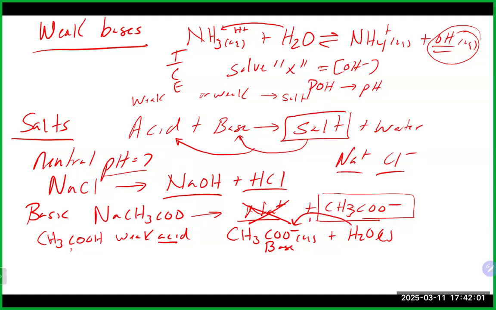And it will actually accept that H plus. The result of that is you will always make where it came from, acetic acid, and in this case, we are going to get a hydroxide being made, which is why the solution should be basic. It is also, as we talked about, if you had to do a calculation, which would be an ice table in this case, you would want to make sure you're using the correct K value, right?